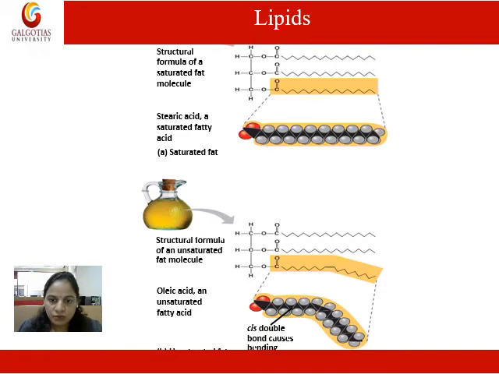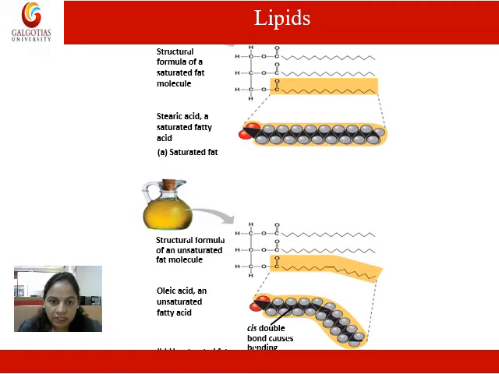Here I have shown you a triglyceride composition. That time I showed you with the carbon chain. Here I have shown you with the skeletal orientation with glycerol. So you can see here this is the ester linkage. That is why it is called a triglyceride. So in the structural formula of the saturated fat molecule, you are not finding any double bond in this whole triglyceride orientation.